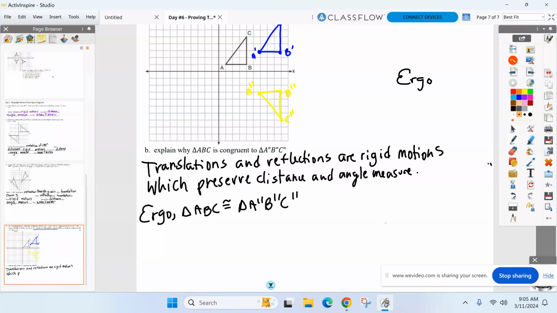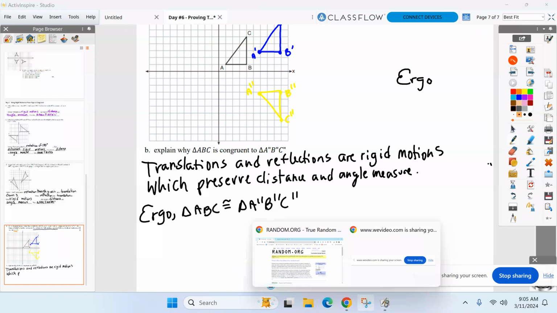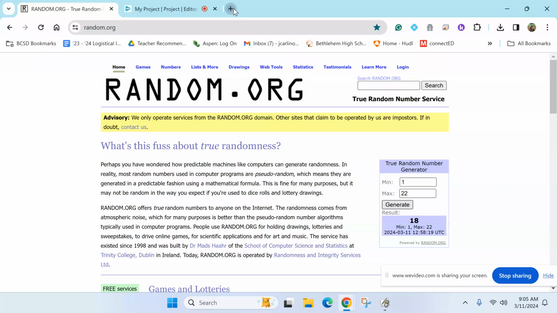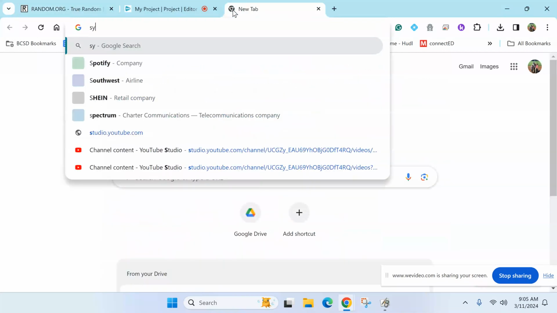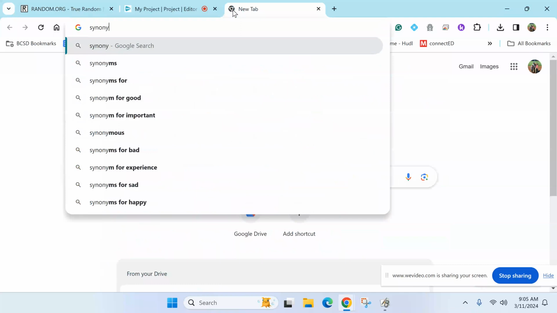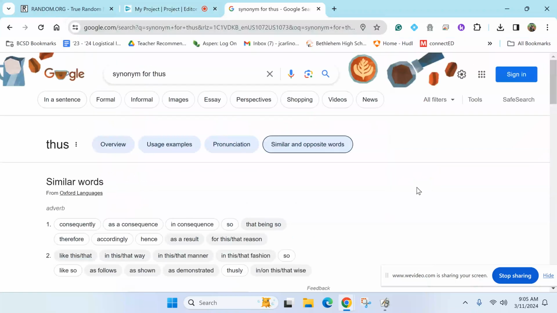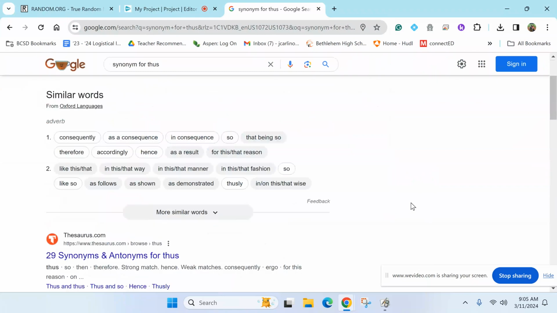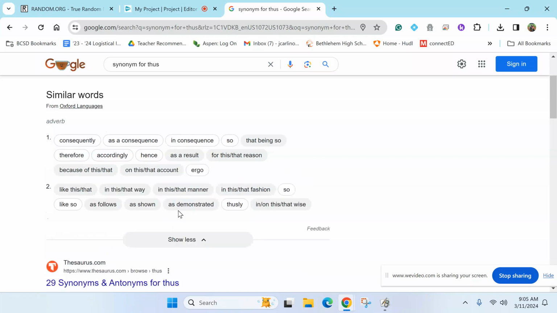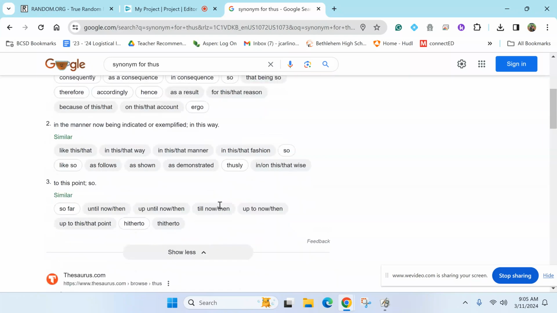And where we go? We got some time. Let's see what else we could. Anybody else here? Synonym for thus. See what else we can put up here. Oh, consequently. That being so. Ooh, henceforth. That was a boss one too. Henceforth. Accordingly. Whoa.